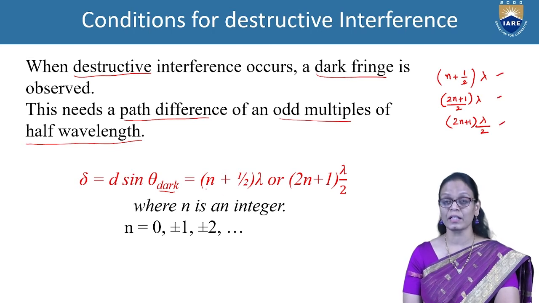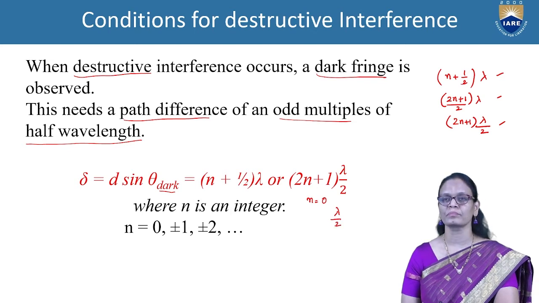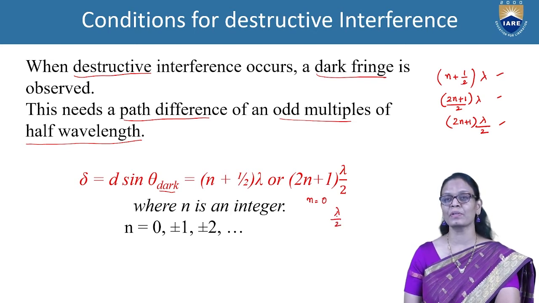Now if you keep n is equal to 0, what do we get? Lambda by 2. So what is lambda by 2? It is an odd multiple of half the wavelength.